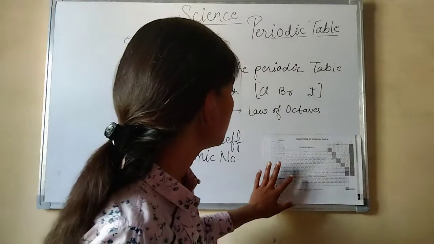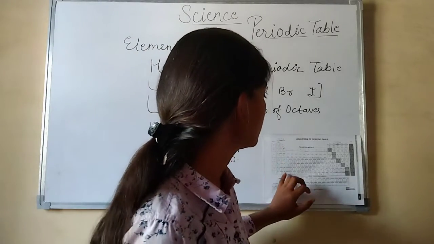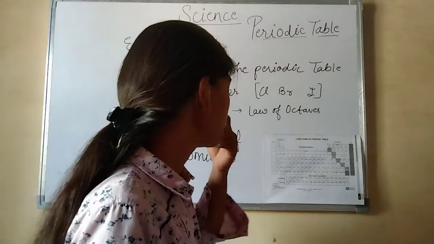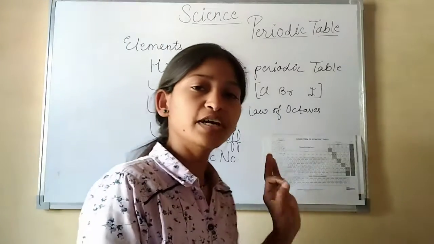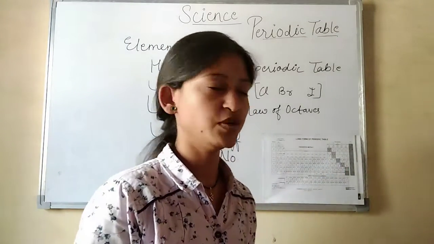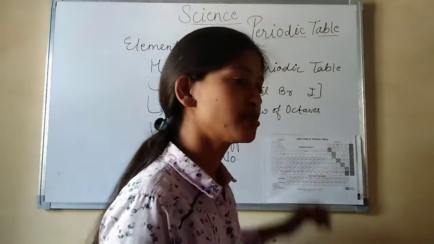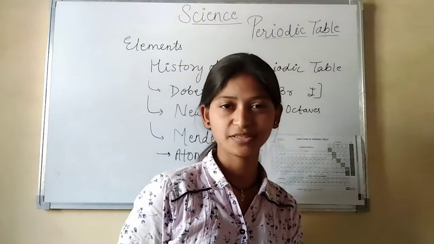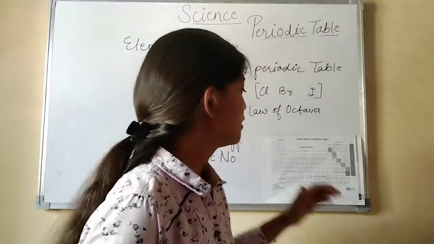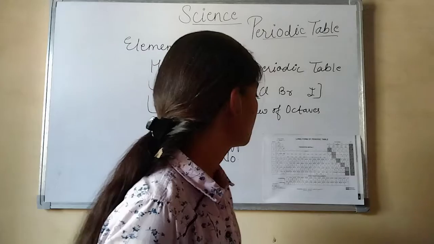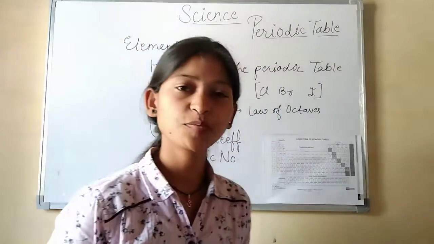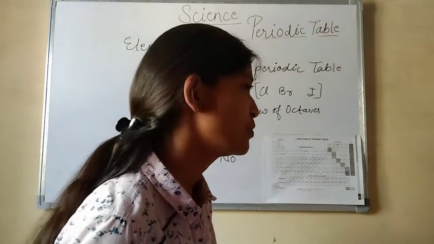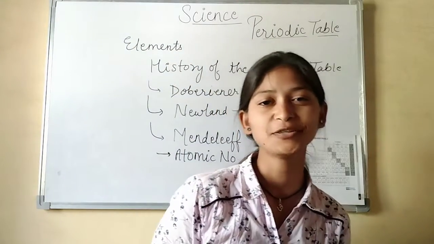There are 7 periods present in this periodic table. The first period is known as the very short period, having only 2 elements. The second and third periods are called short periods. The fourth and fifth periods are called long periods, having 18 elements, and the sixth and seventh periods are called very long periods, having 32 elements.